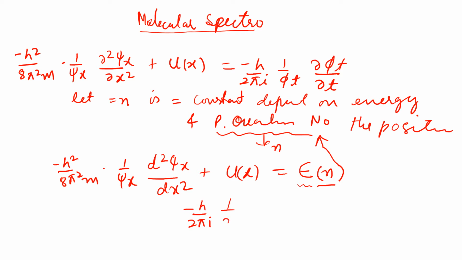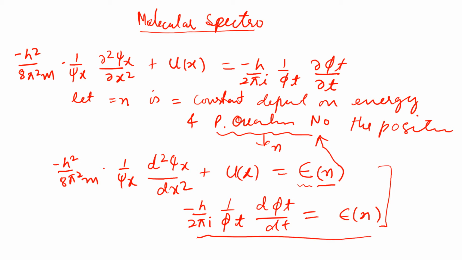Also the other equation is minus h by 2 pi iota, 1 by phi t into d phi t by dt, which is equal to the same energy, E n. So we have these two equations, and we have independent solutions of these equations.